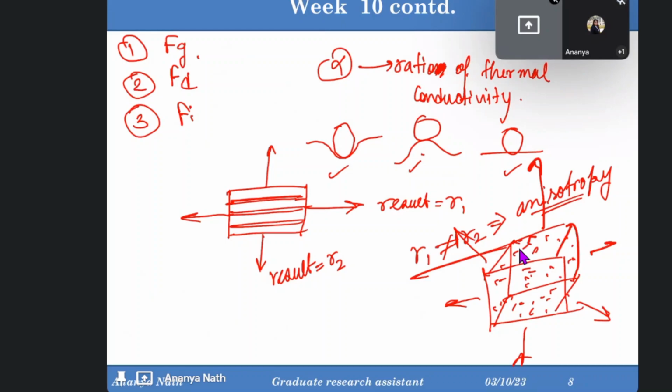So this will be isotropic, because if the results are R1, R2 and R3, then R1 equals R2 equals R3. So this is what is meant by isotropic and anisotropic.